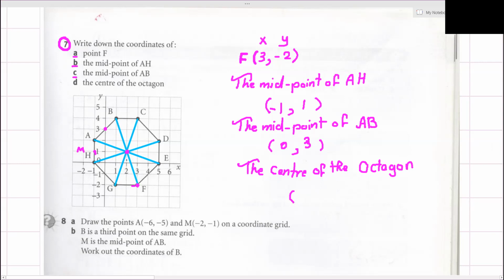So we will find x, yes, x equals 2 and y equals 1. So 2 and 1. Yes, we finished question 7.